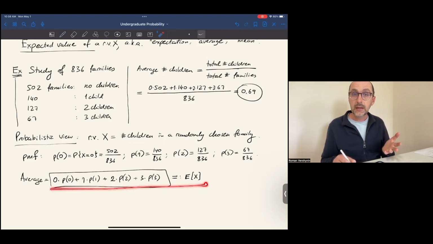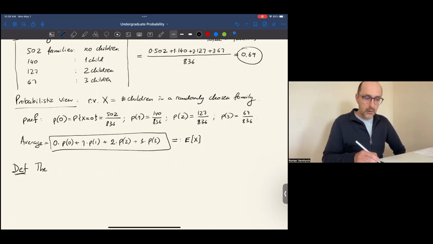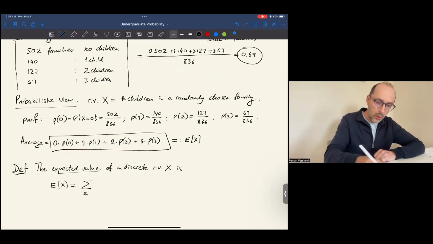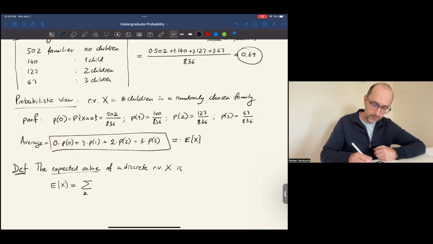This formula can be applied in any situation, and we can take it as a general definition of expectation. We define the expected value of any discrete random variable x and denote it by E of x as a sum over all values that x can potentially take, and in the sum we multiply each value by the probability that x takes this value.